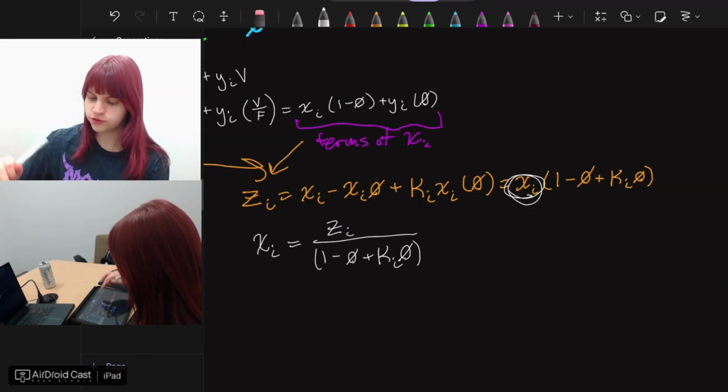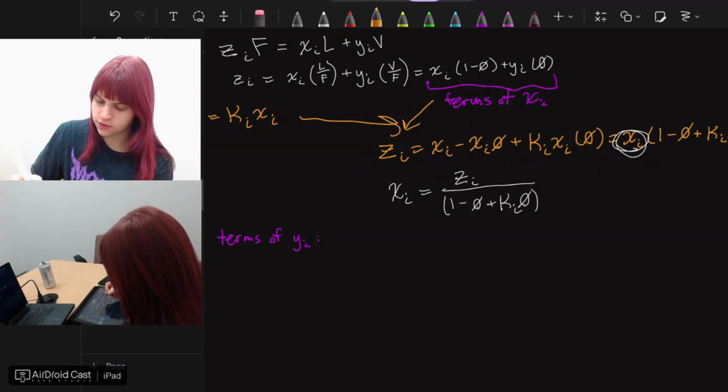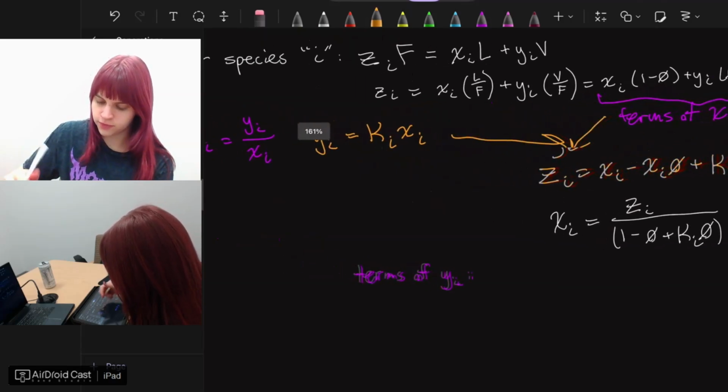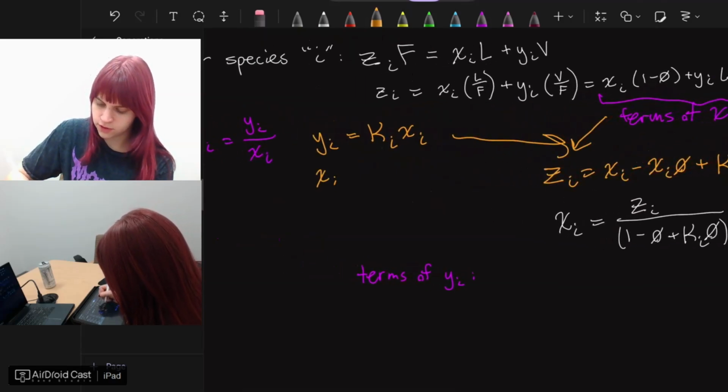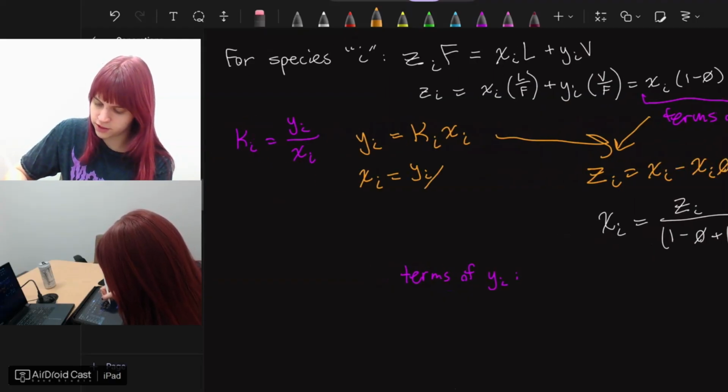We can also do the same thing for y, so if we wanted it in terms of y, we could say Xi is equal to Yi divided by Ki.